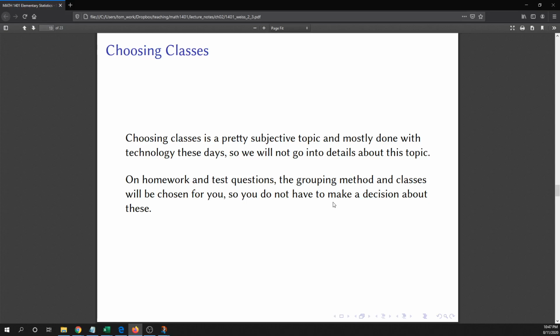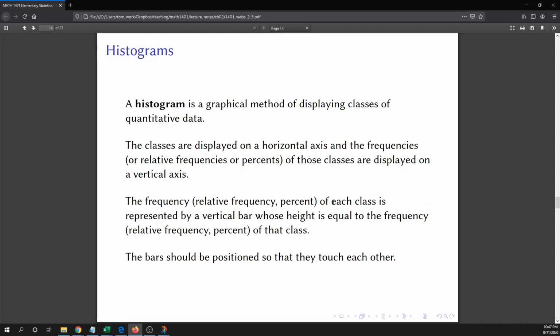On homework and test questions, the grouping method will be chosen for you, and you won't have to make a decision about those. They'll be given to you, so you don't have to make that choice. That really comes with experience and doing this by hand. Okay. All right.